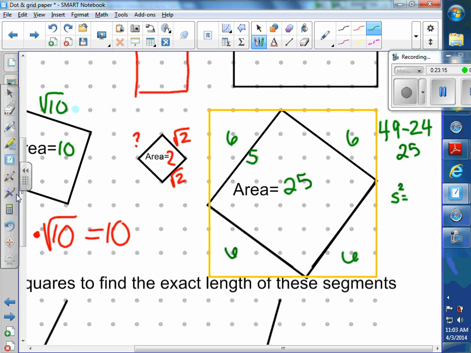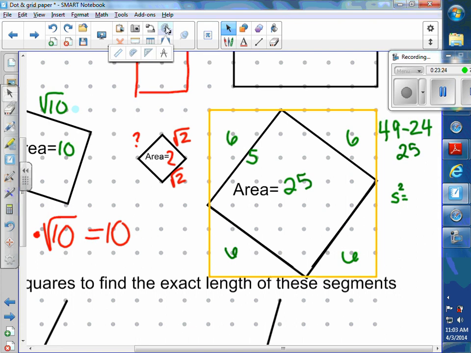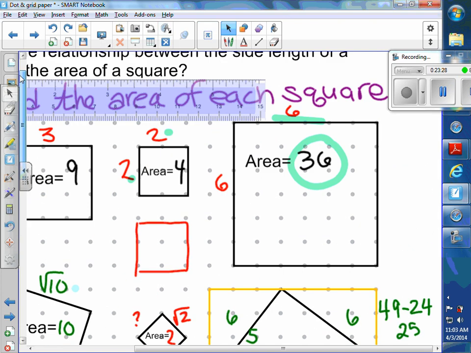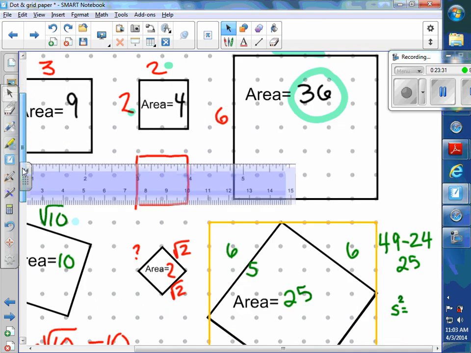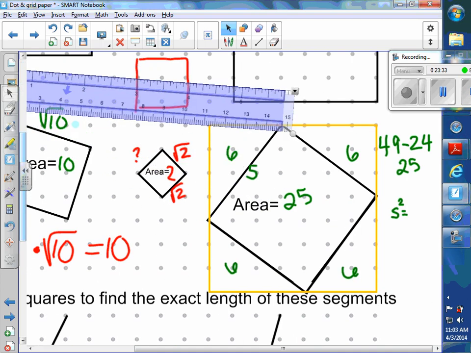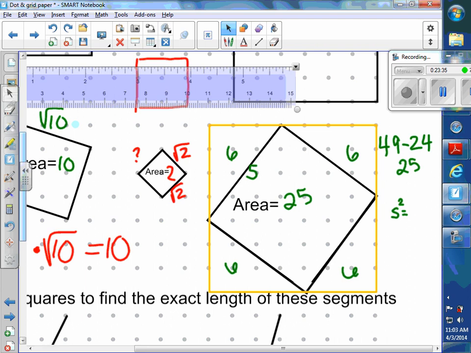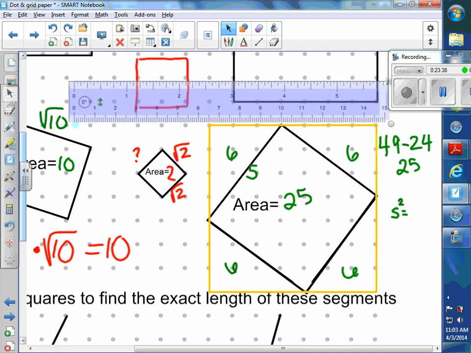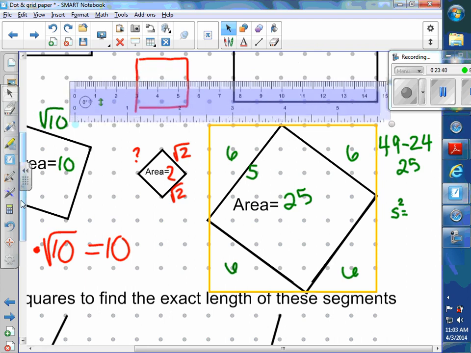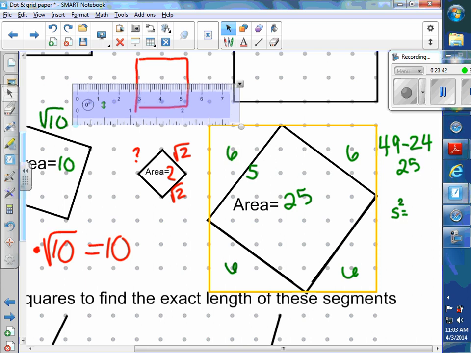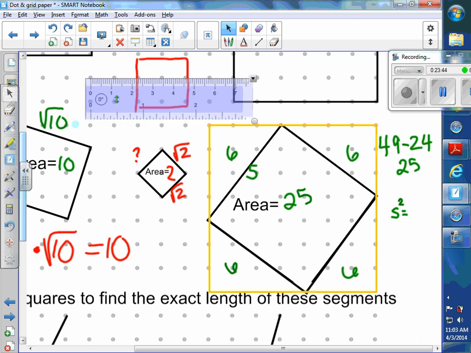It's not always an integer number. And if you don't believe that, you could always bring the ruler in, right? So if I had a centimeter ruler, I've got to calibrate it to match the grid though. So let's bring that down here. This is supposed to be centimeter grid paper. So these dots should be a centimeter apart. They aren't on our paper.